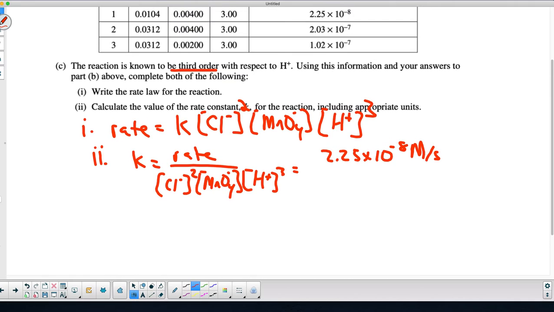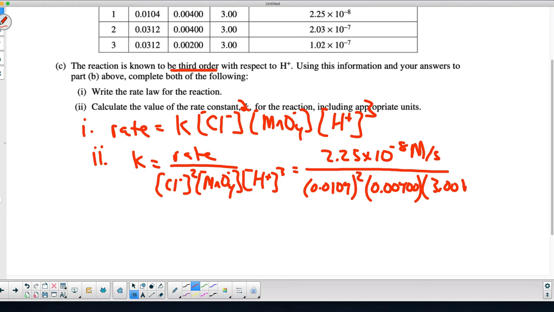So then on the bottom, I have 0.0104, and because that's chloride, that's squared. And the next one is 0.00400, that's to the first, and 3.00. And these are all, by the way, molarity, and that's to the third.